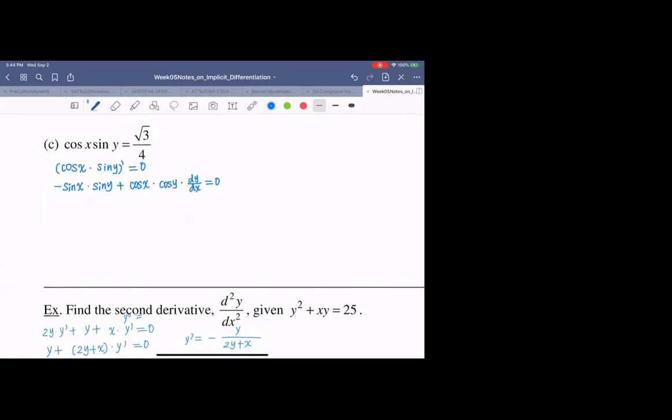So now, next one. We can get the dy over dx. Yes, we do cosine x times cosine y times dy over dx equals sine x times sine y.